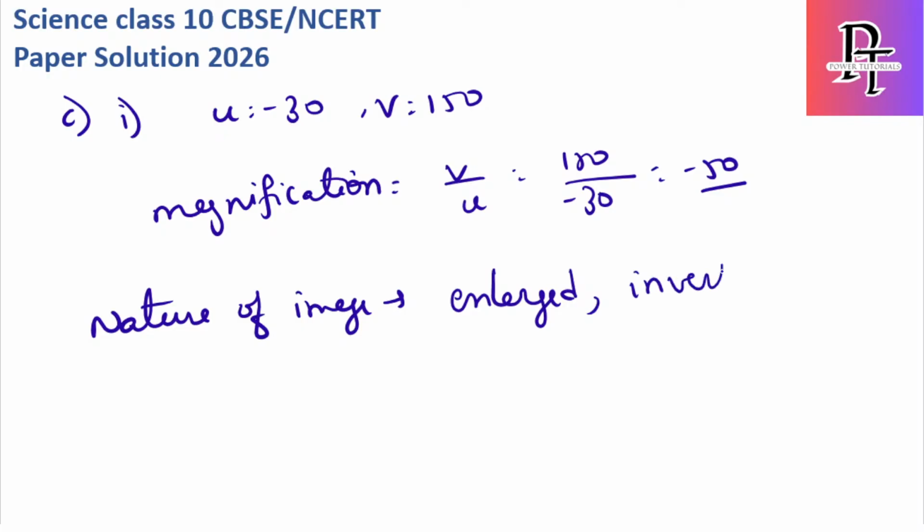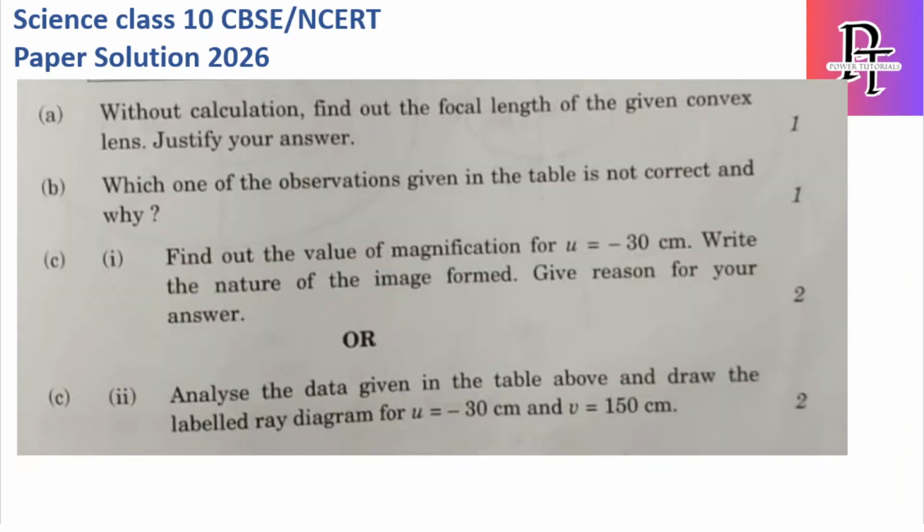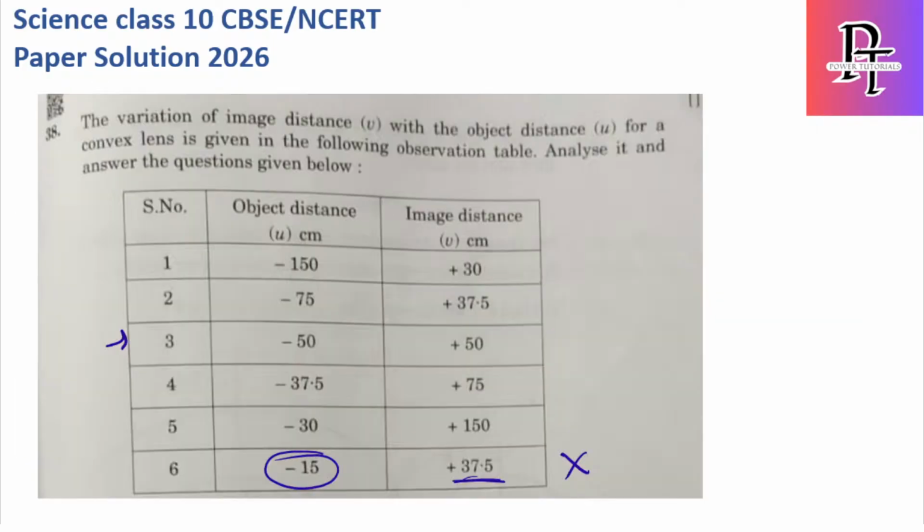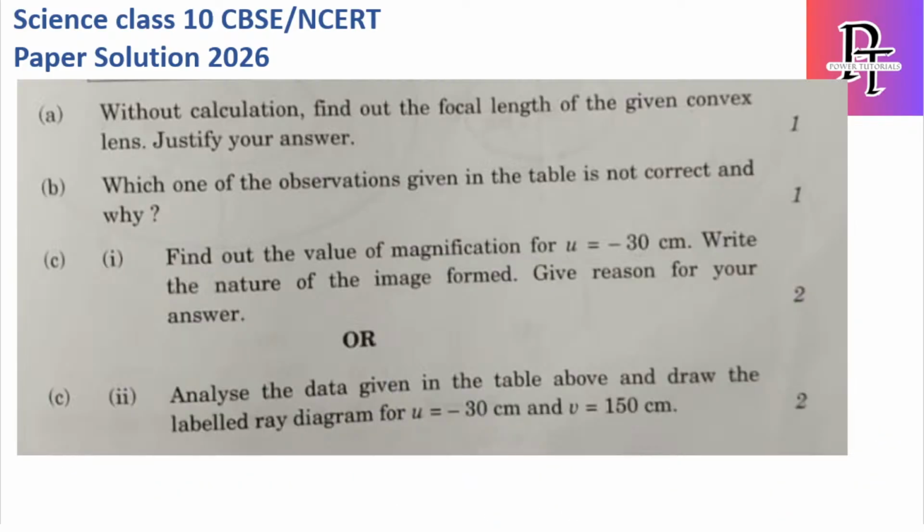Why? Because it is negative. The image is created on the right side, so it is a real image. It is enlarged, inverted and real. The reason we already mentioned: because the magnification is increased, it is enlarged.